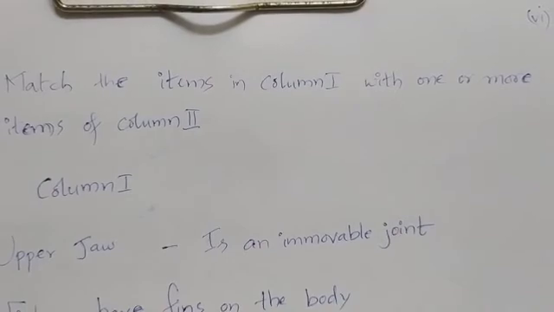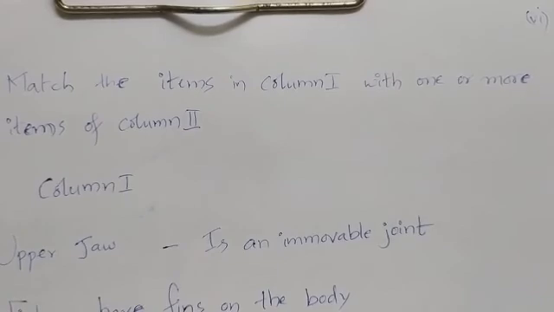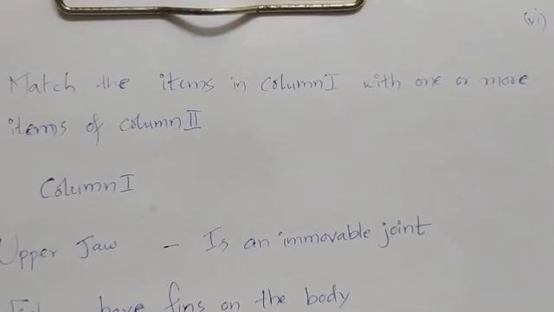Have fins on the body, no relation with upper jaw. Has an outer skeleton, no relation. Can fly in the air, no relation. Is an immovable joint. Upper jaw is present in your head.